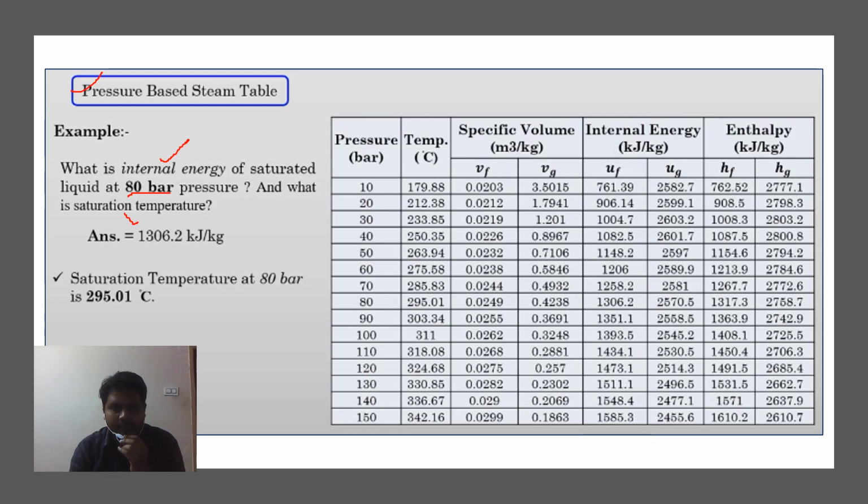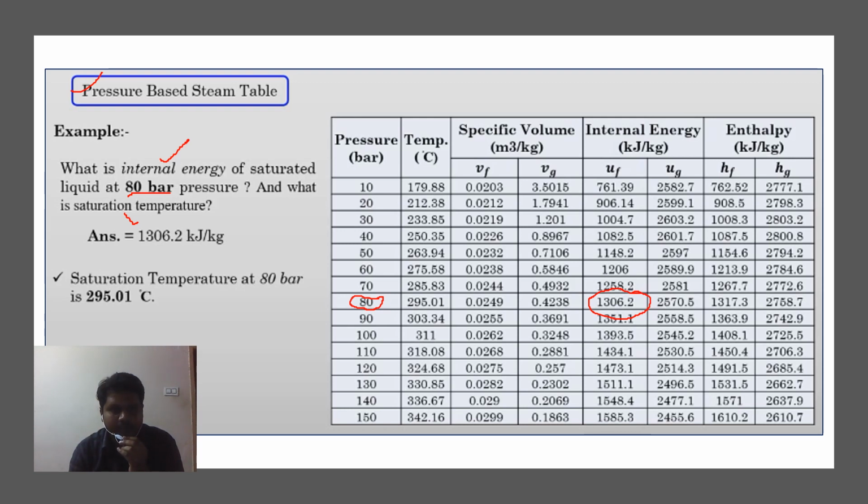On the right side, as you can see in this table, the given pressure is 80 bar. So at 80 bar, the internal energy at the saturated liquid state, that is Ef, in the internal energy column, 1306.2 is the value of Ef.